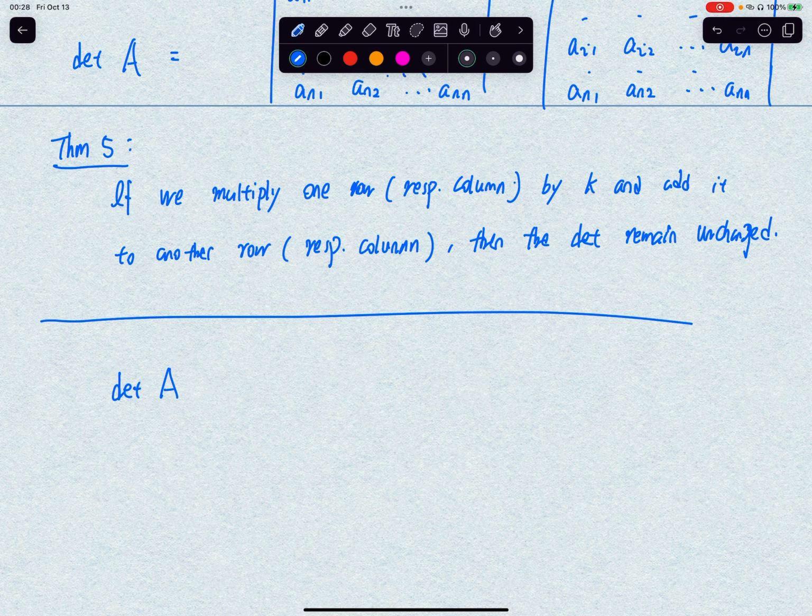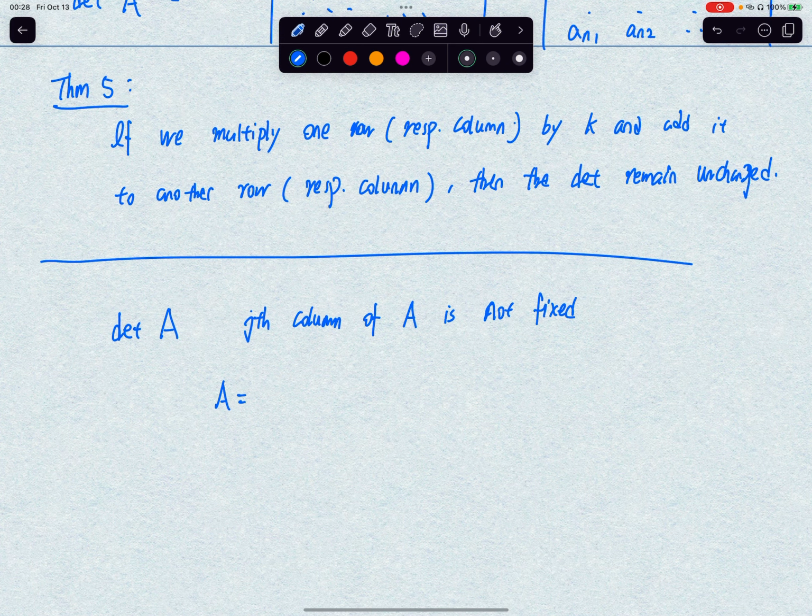So suppose the jth column of A is changing, with all the others being fixed, and we can write A as a1, up to aj minus 1, x, aj plus 1 to an.